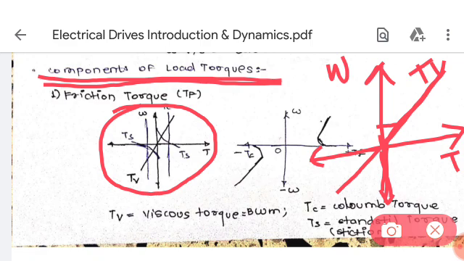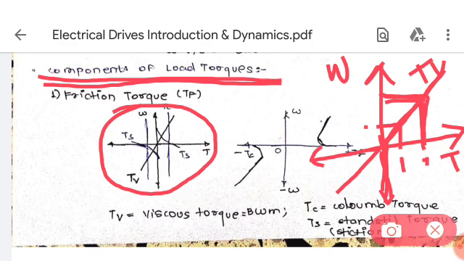For low speeds, torque value is lower. If the speed is high, then torque is also high. That means the opposition due to this type of friction increases with speed. It is directly proportional to speed.